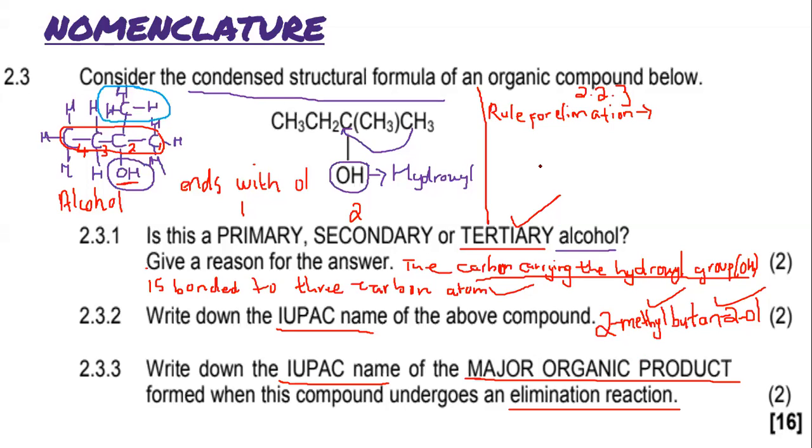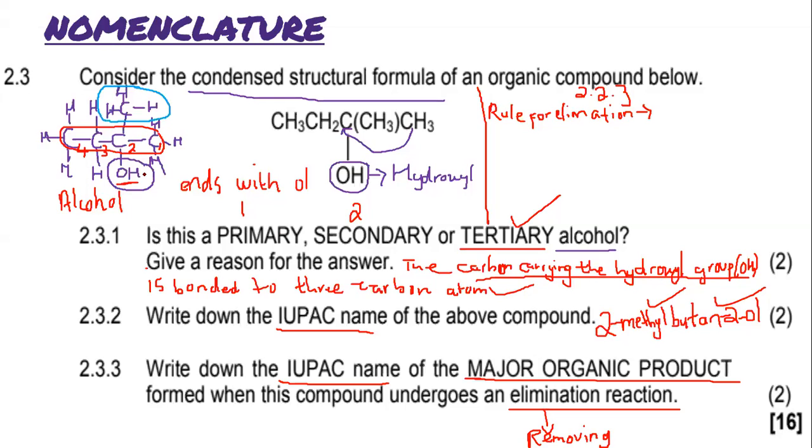And I'm going to sum it up for you, or perhaps call it a recipe. When we deal with elimination, my dear learners, it means firstly, we are removing something altogether. So when this molecule is undergoing elimination, it means there must be something that we remove.